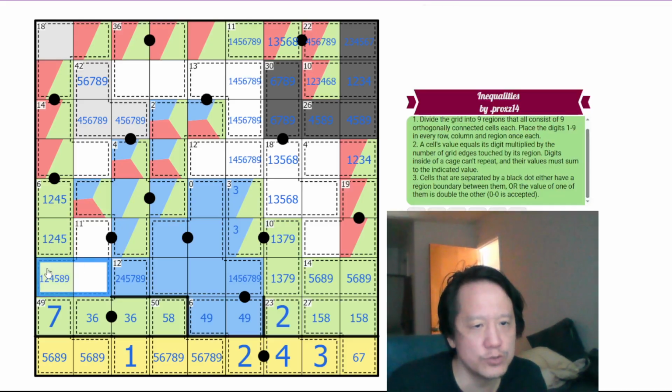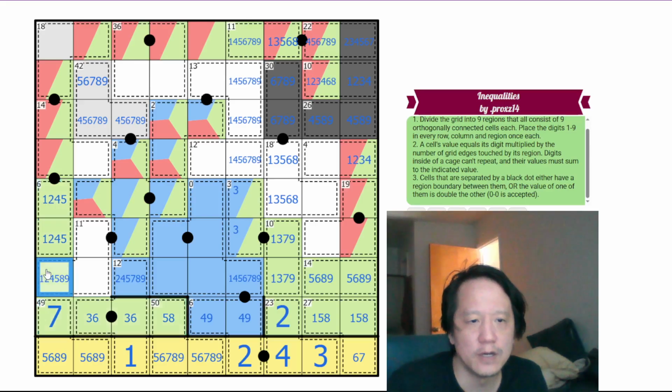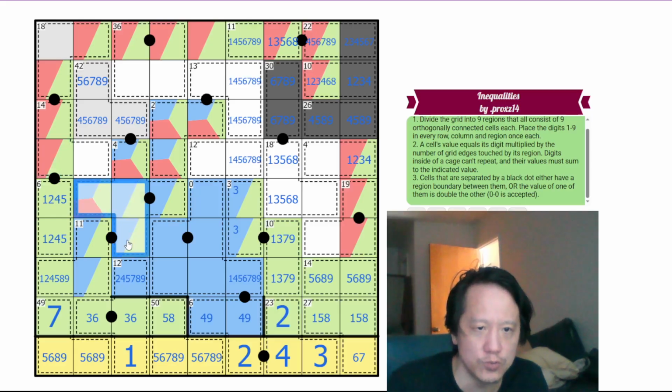We know 2 of these digits must be part of this region, although they can't extend to anywhere else. So this is 1, and we have to have 1 at least here. If we try to have a full region here, it does not work. So one of these is green, one of these is blue. We can extend either to here or to one of these.